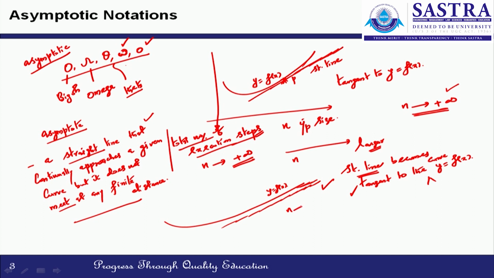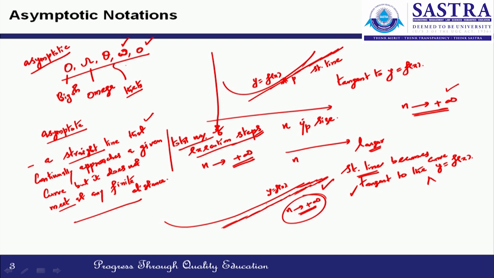That means when the input size n becomes plus infinity, the curve y is equal to f of x is closer to the straight line, and we can say the curve coincides with the straight line only when n becomes plus infinity. At that stage the straight line becomes the tangent or asymptote to the curve y is equal to f of x.